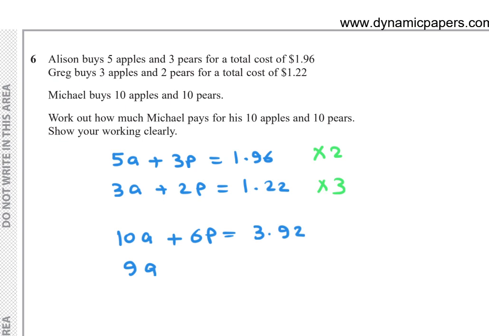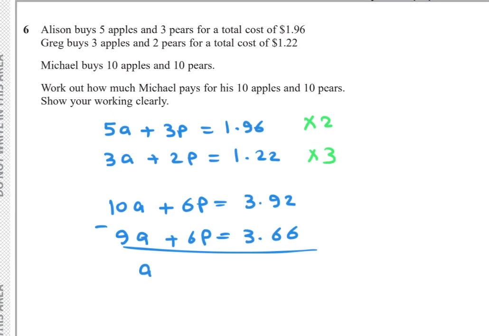And 2 multiplied by 3 equals 6B. 1.22 multiplied by 3 equals 3.66. Now subtract. 10A minus 9A equals A, or 1A. And 6B with 6B cancelled out. 3.92 minus 3.66 equals 0.26.